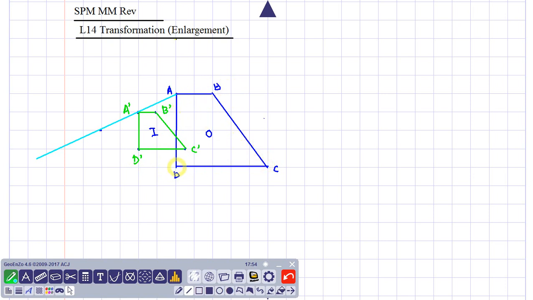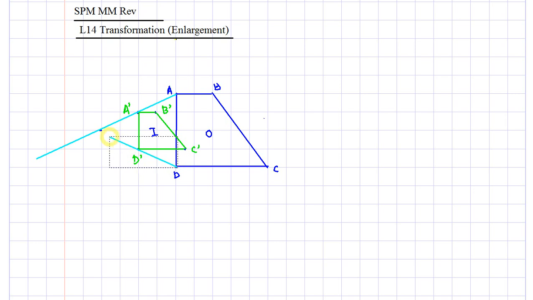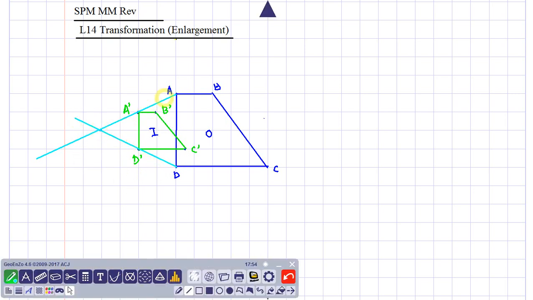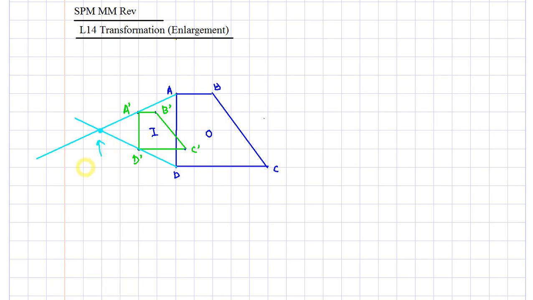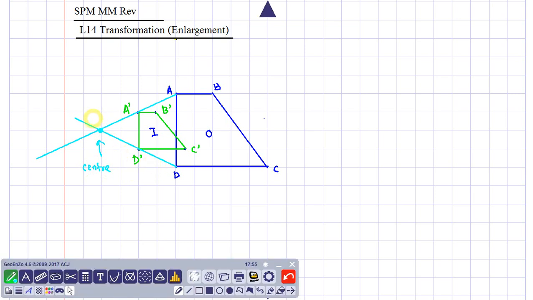Let's say I choose D and D prime. Connect these 2 points together. The intersection point between these two straight lines here is the center of the enlargement. This is the center. We just let it be point C.